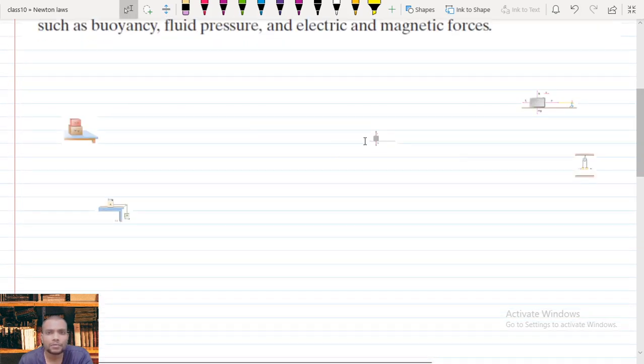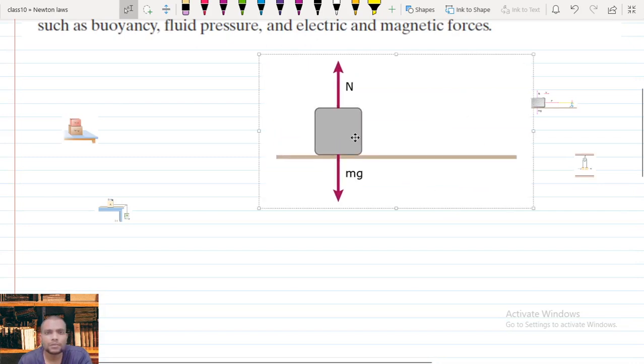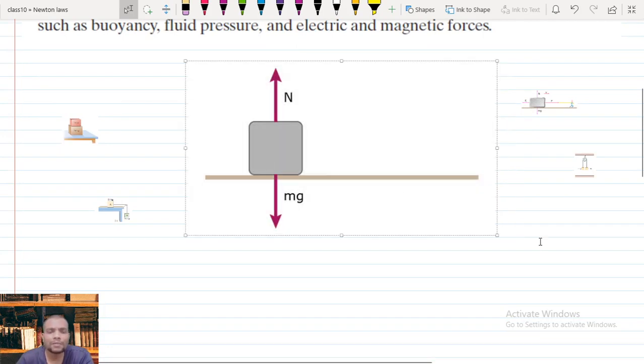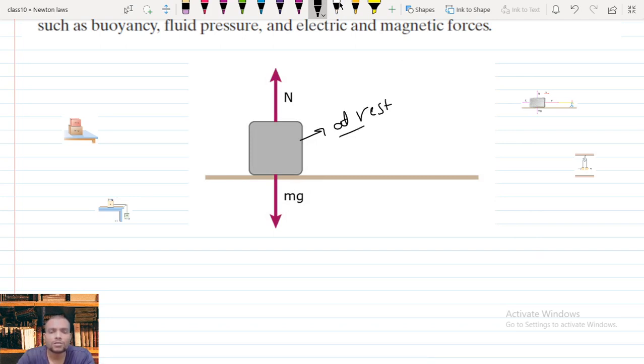Let me take an example. Suppose this is an example: a block of mass m at rest. I need to represent this in a free body diagram.